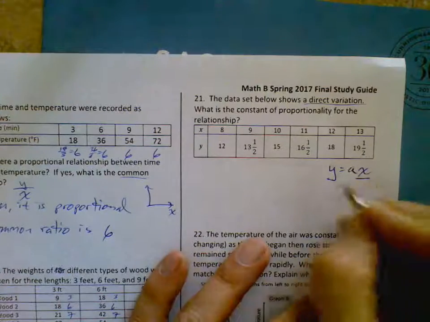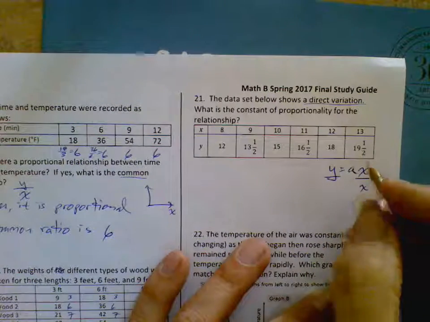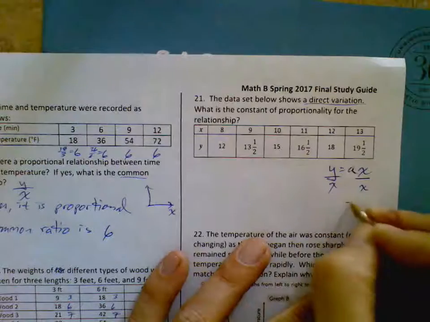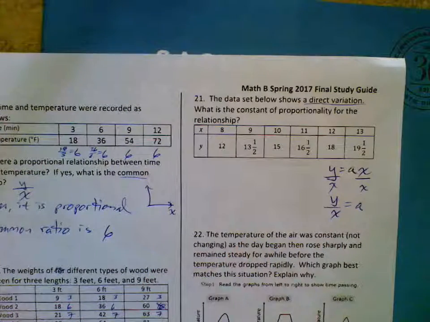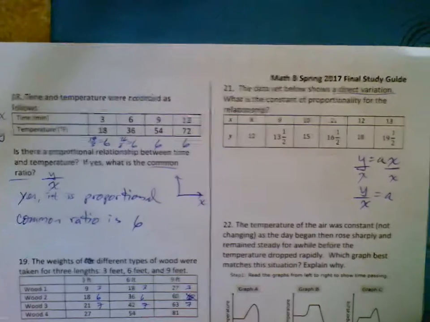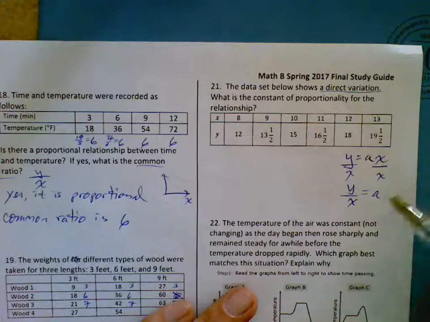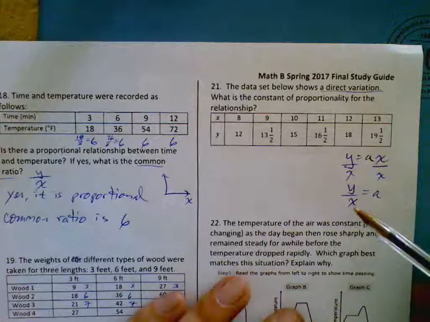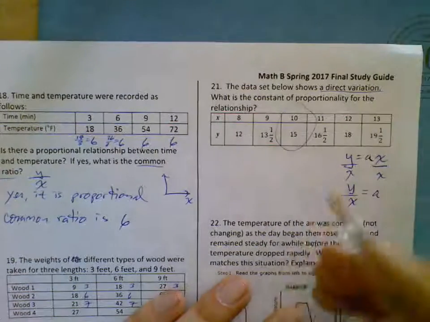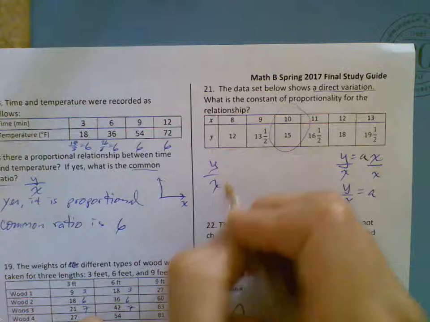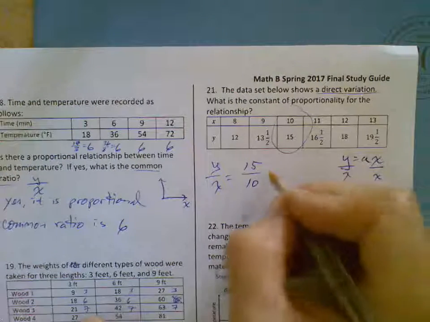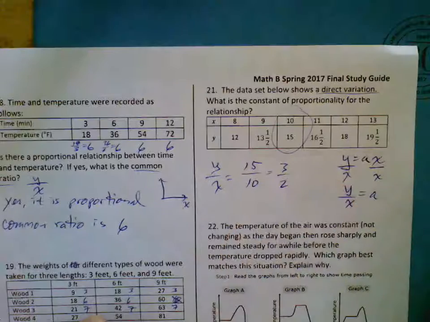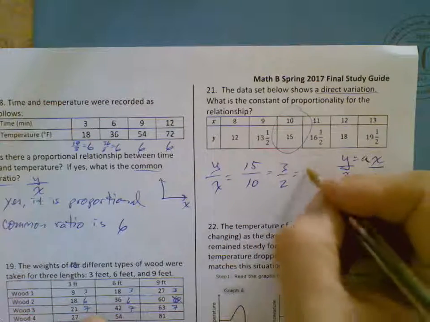If I divide both sides by x, I see that a is simply the y value over the x value. Let's choose an easy y value and an easy x value. y over x would be 15 over 10, which simplifies to 3 over 2, or 1.5.